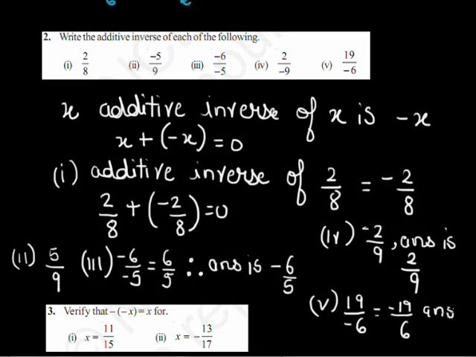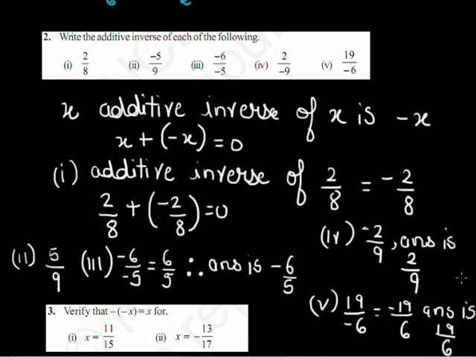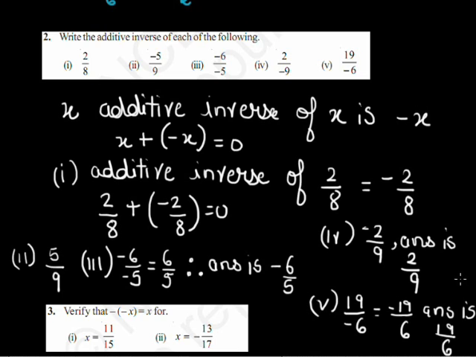So the answer is 19 upon 6, because if I add 19 upon 6 to minus 19 upon 6, the answer will be 0. So the property used here is, if x is a rational number, then x plus the additive inverse of x is equal to 0. So if I have to find the additive inverse, then multiply the number with minus 1.